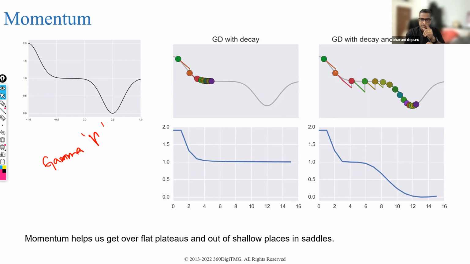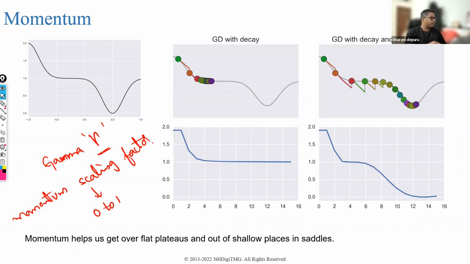We multiply this momentum value with a parameter called gamma, which is also referred to as the momentum scaling factor. And this value ranges from 0 to 1, similar to the learning rate.